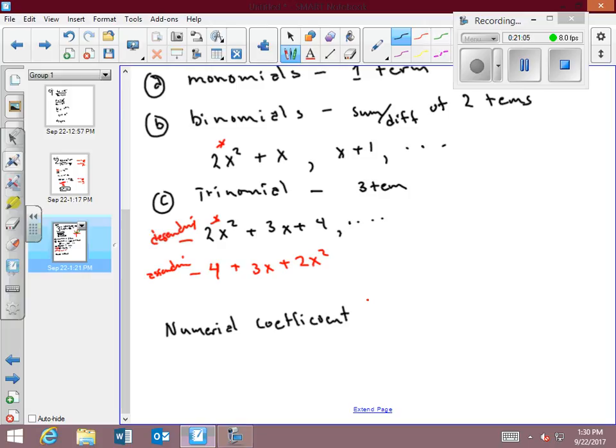So that's the numerical coefficient. So if I said the numerical coefficient of the leading term of this particular trinomial, that would be this 2 right here. That's the numerical coefficient of the leading term in that trinomial. So that's the kind of terminology we're going to use.